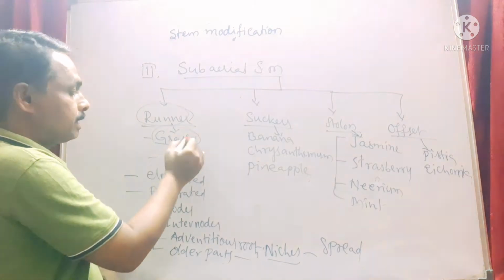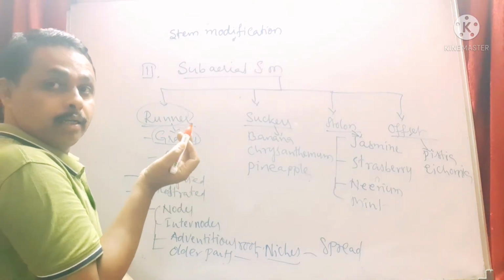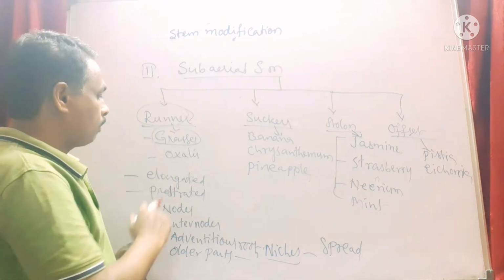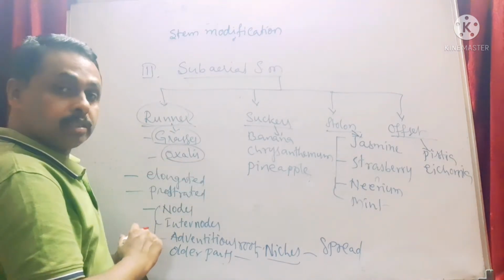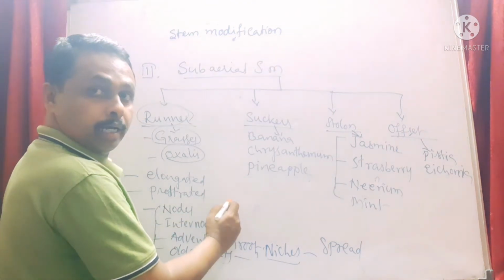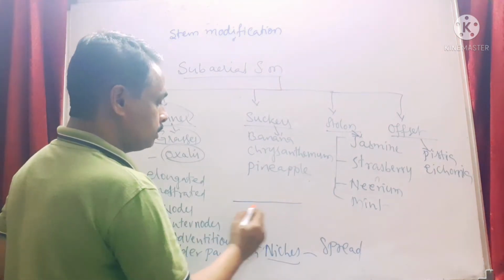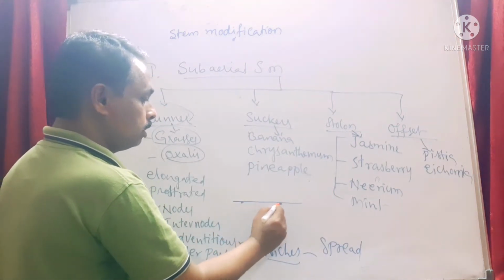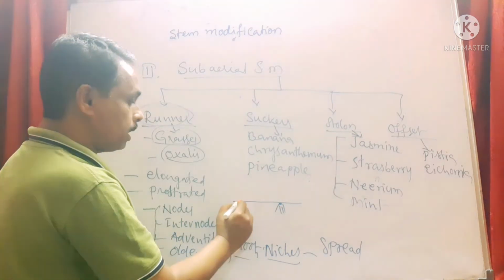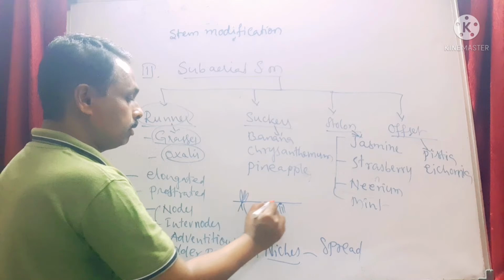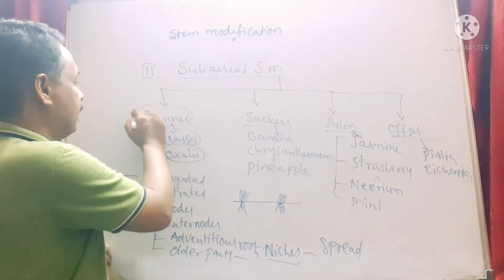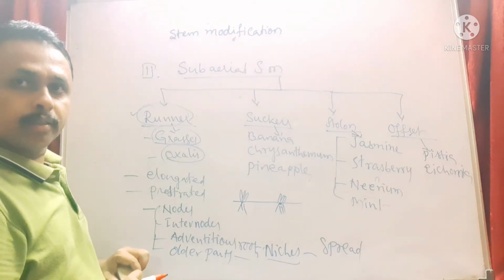Example, these grasses have an underground structure. Axillary buds develop there as the runners. See, this is the runner, a prostrated structure, and nodes are present. At the base of the nodes, adventitious roots are developed. Above this, axillary buds are developed. So these structures are called runners.